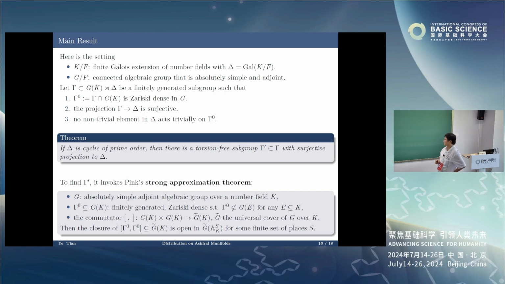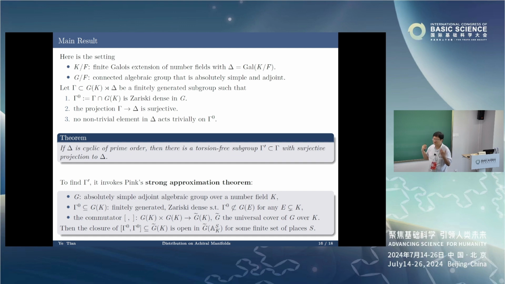And the theorem says the closure of this commutator on gamma 0 is open in this simple adelic group, the partial adelic points for some finite set of places S. Okay, so this is the main reason for this special property in the hyperbolic three-manifold case.